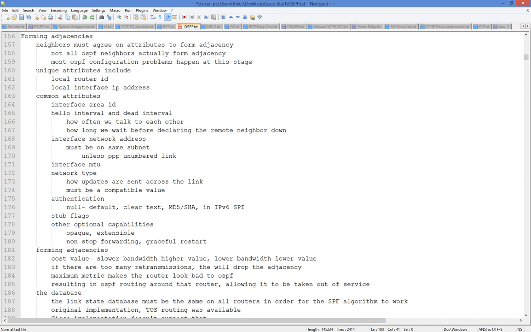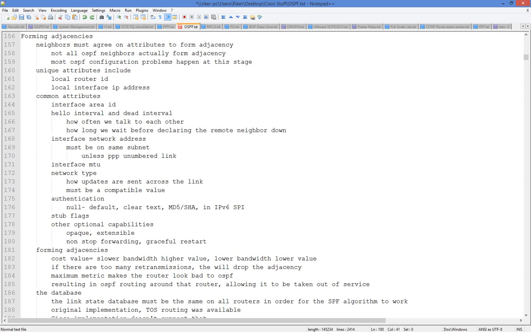You can actually do an ignore MTU in a lab environment. It's fine, but in a production environment, if there's an MTU mismatch and you're trying to send more than what the next hop can take, then you could actually break the adjacency and lose your peering. The network type, they must be compatible.